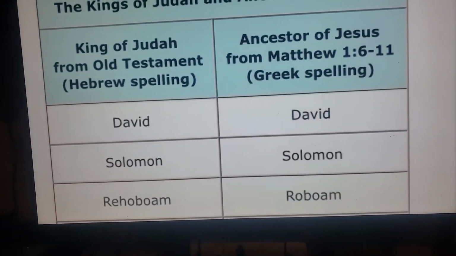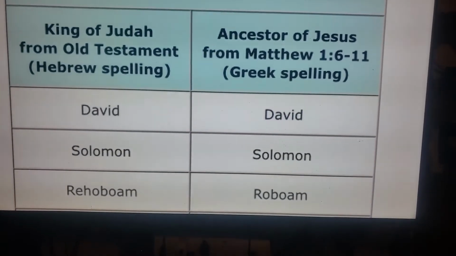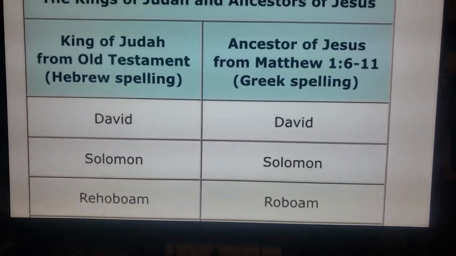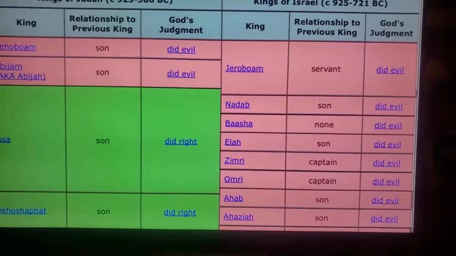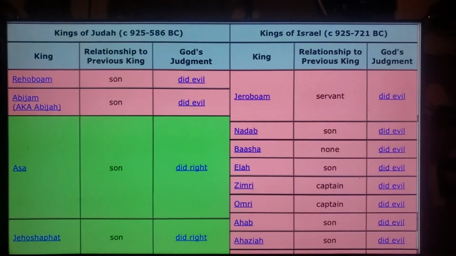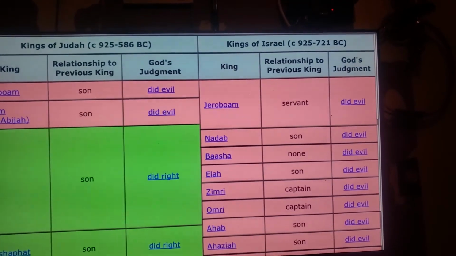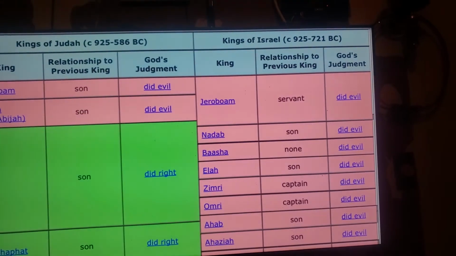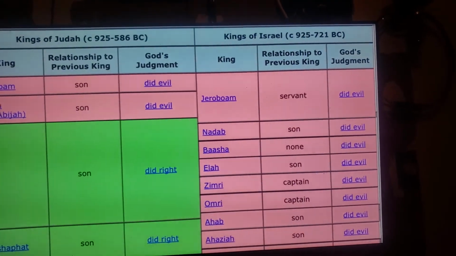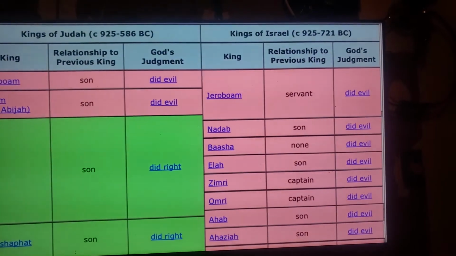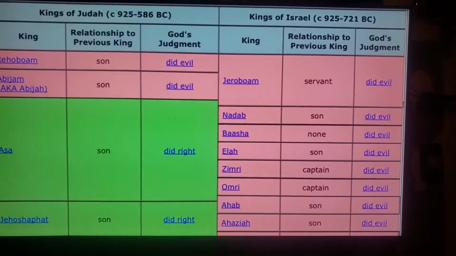Now, let's see where the nations broke apart. If you Google Kings of Israel and Kings of Judah, you'll get this chart. And you see, I'm not making anything up.